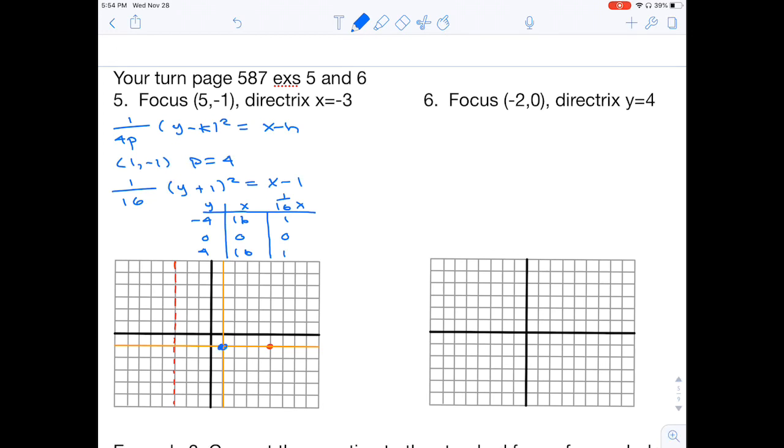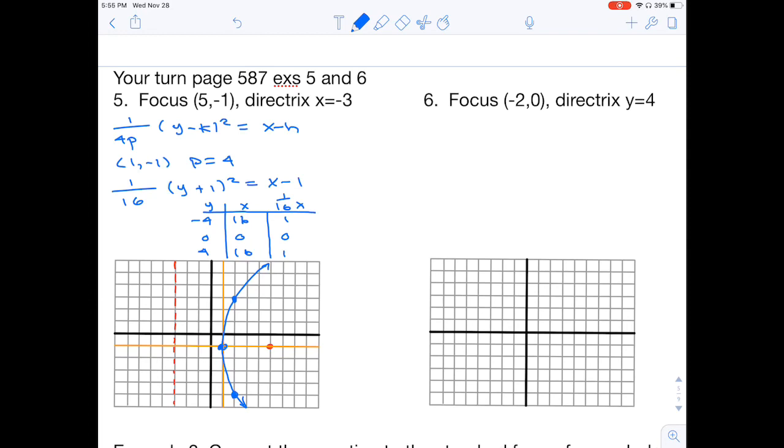What do we have? 1, -4, 1, 2, 3, 4, and 1, +4, 1, 2, 3, 4. So our graph looks like that. Okay? At this point, stop the video and do the second one. So number 6.